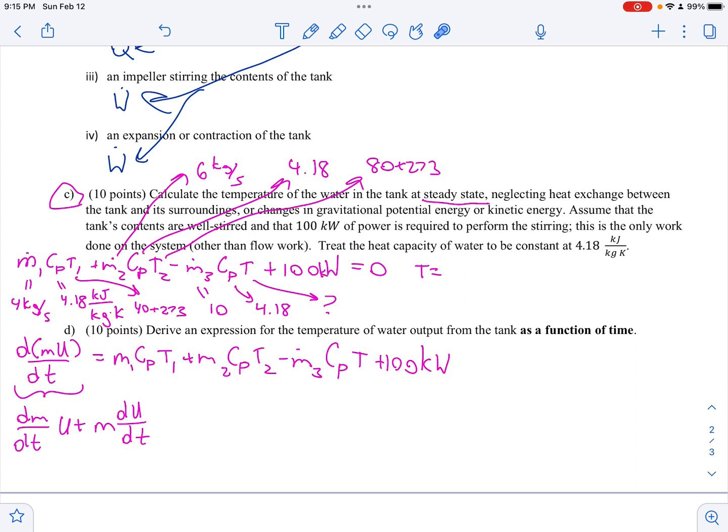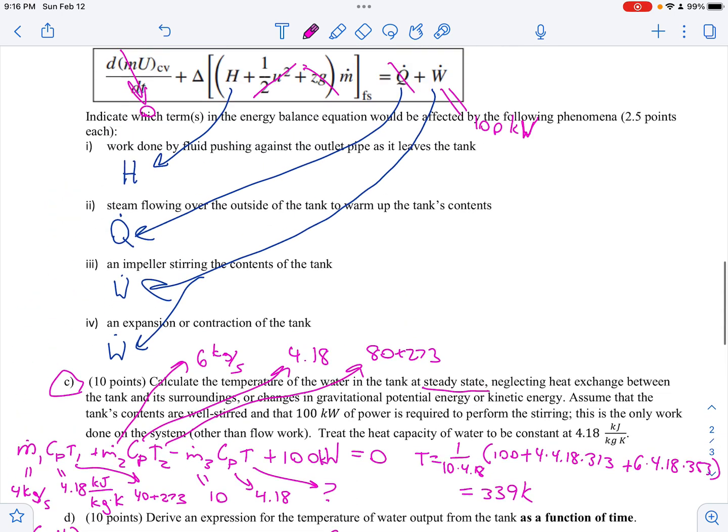Solving for T would give us 1 over 10 times 4.18 times everything else: 100 plus 4 times 4.18 times 313 plus 6 times 4.18 times 353. And this turns out to be 339 Kelvin. Okay, I think we're done.